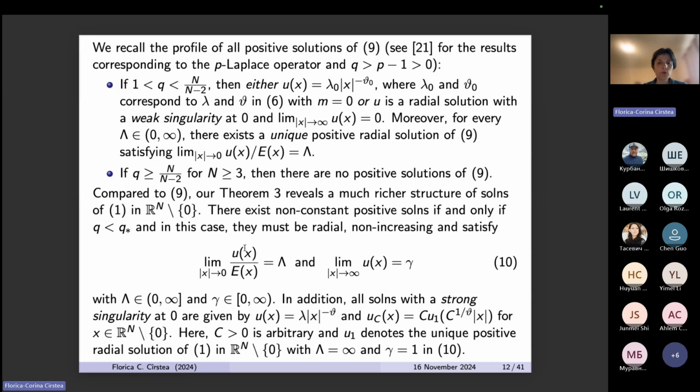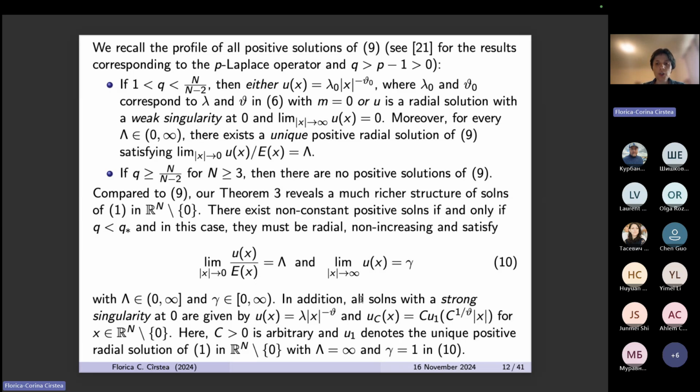That is, u divided by the fundamental solution will converge to capital lambda, with lambda positive, potentially infinity. Taking infinity corresponds to the solutions with a strong singularity. And at infinity, the limit of u exists and can be any real number that is greater than or equal to 0.